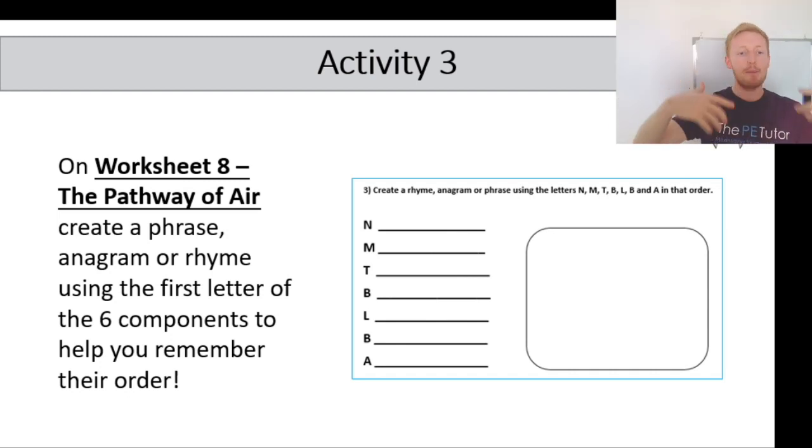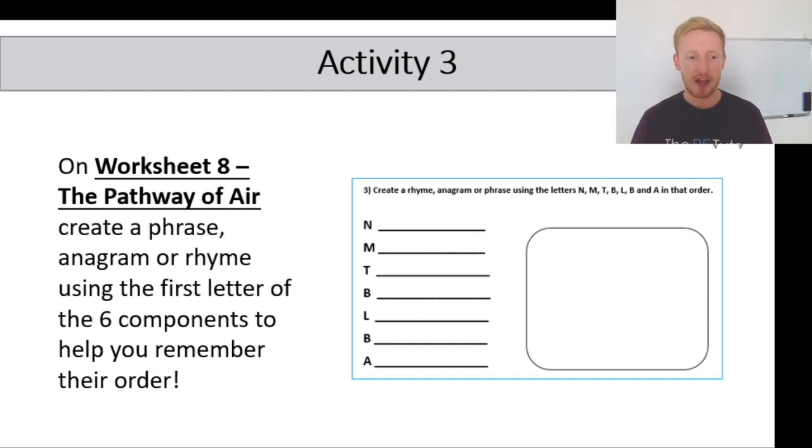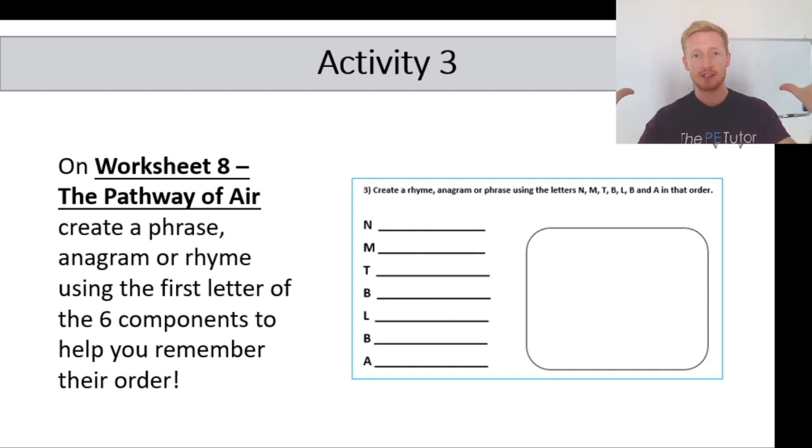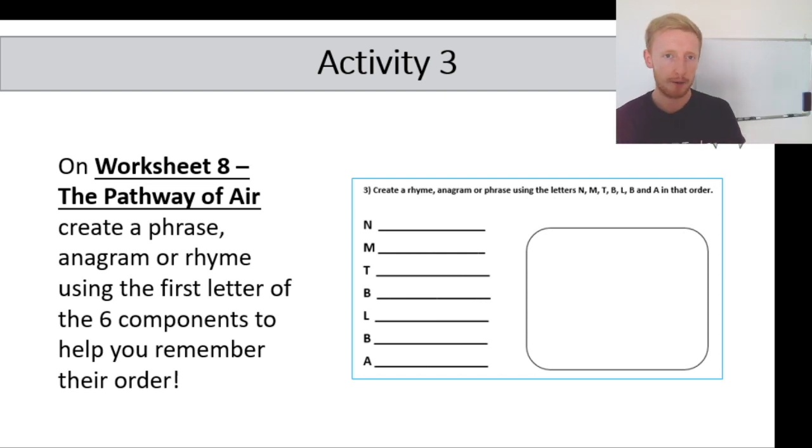Try and come up with a phrase or a saying that allows you to remember the route of this air pathway, this respiratory tract, because it'll be far easier to remember a funny phrase than it will be to remember 6 or 7 or 8 separate terms in a certain order.